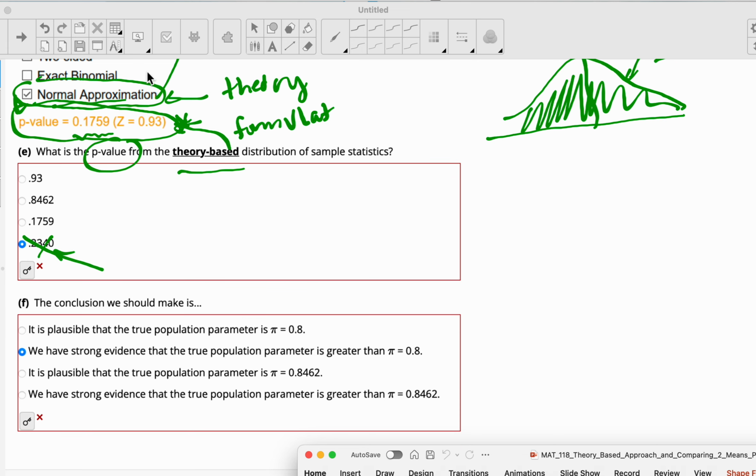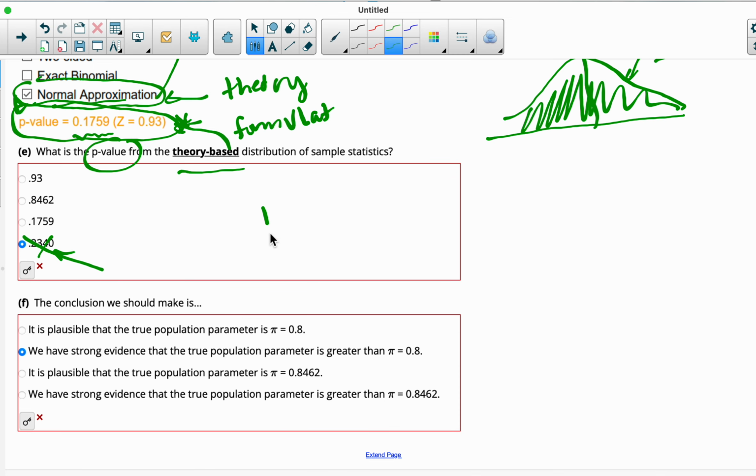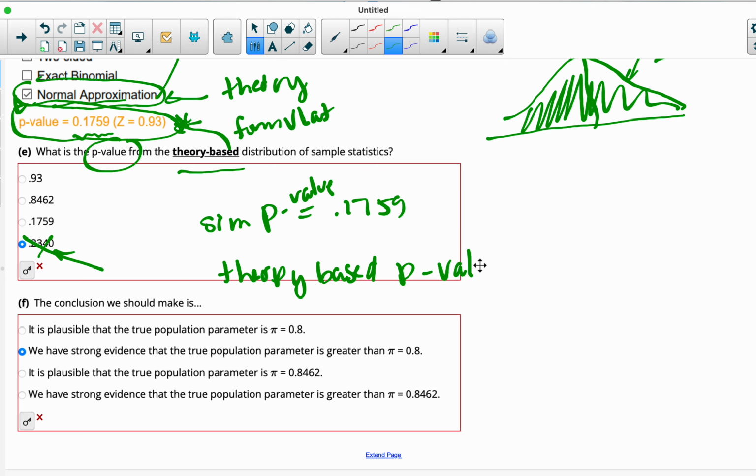Because both my p-values are pretty big, my simulated p-value is equal to 0.1759, and my theory-based p-value, that's not confusing, oops, I have it backwards.